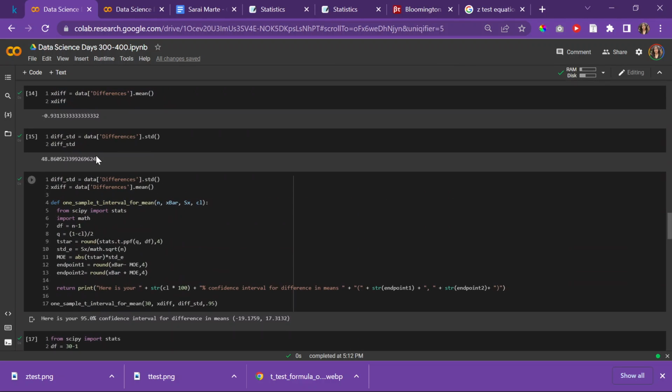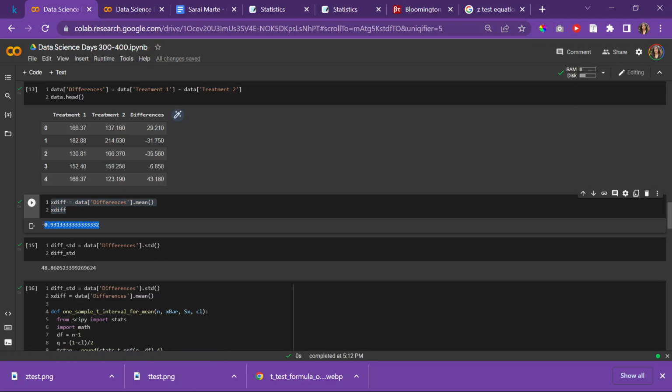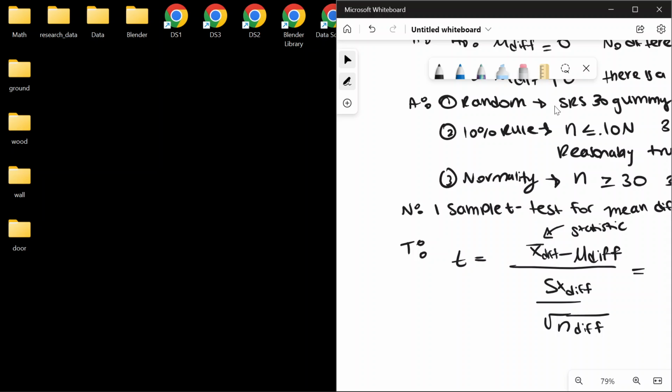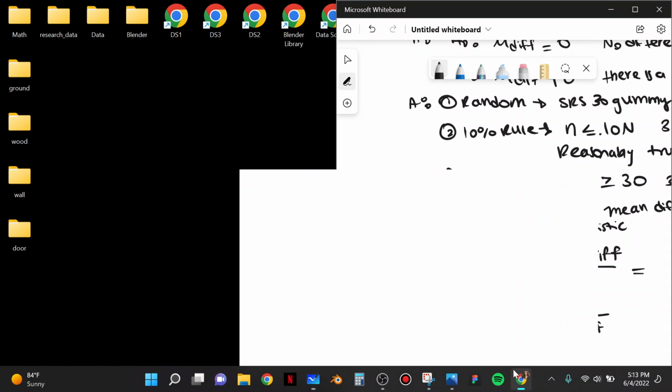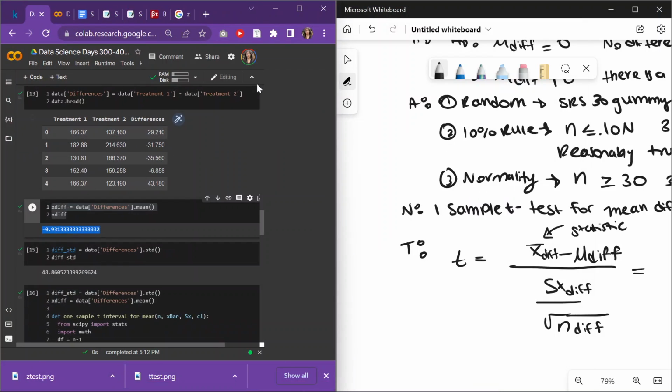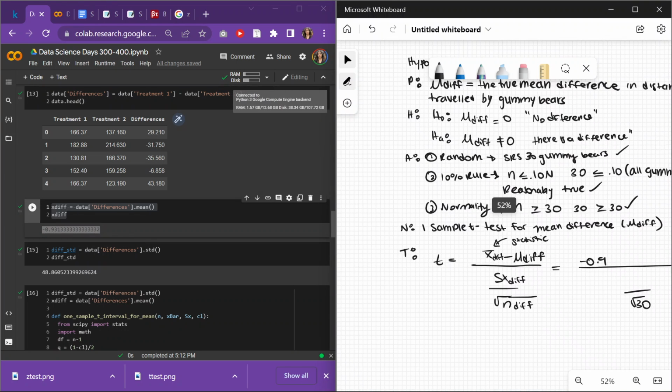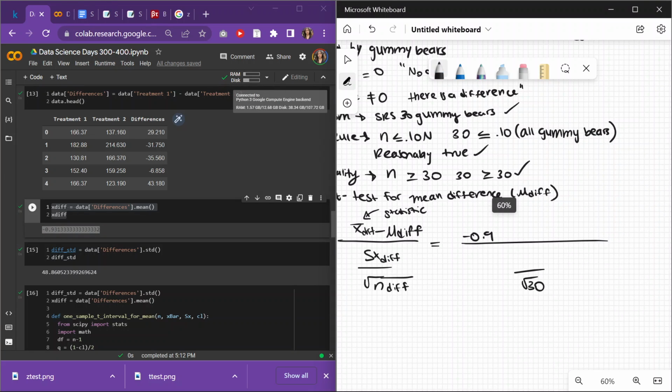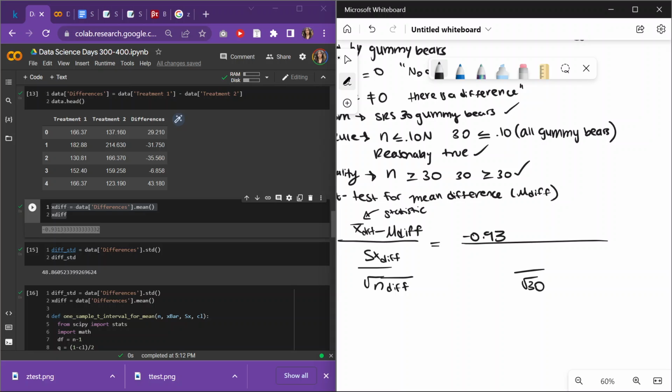Okay, xdiff was this, right? Actually, I'm not gonna copy it, I'm just going to write it as it is. So it was negative 0.9313, and our standard deviation was 48.8605.